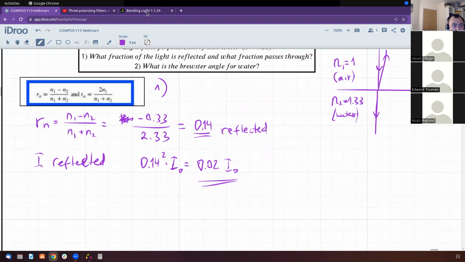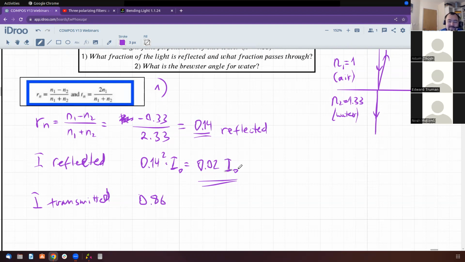Now, why does this not work with the transmitted light? Because the I transmitted is 0.86, according to this formula. But this squared somehow does not give 98%, of course.